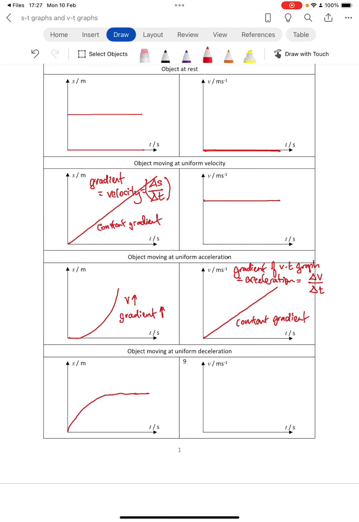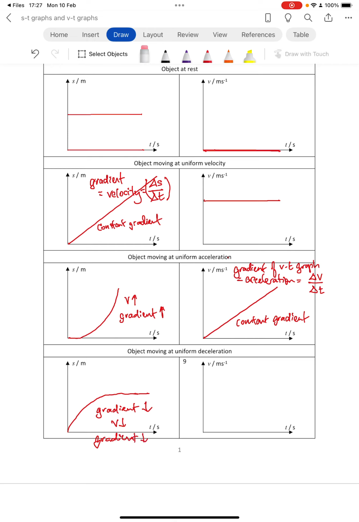So the gradient of a displacement time graph is the velocity, and the velocity decreases, so the gradient decreases. I should write the V on V first. That means when we know that velocity is decreasing, therefore the gradient is decreasing.